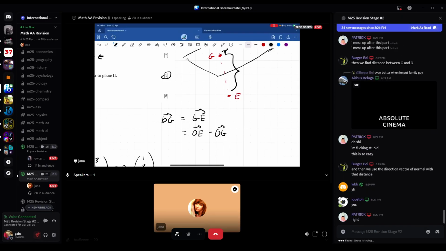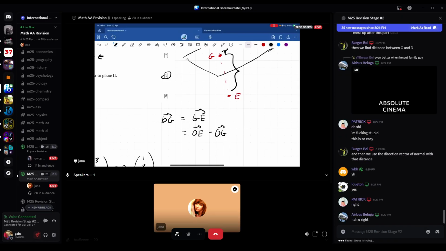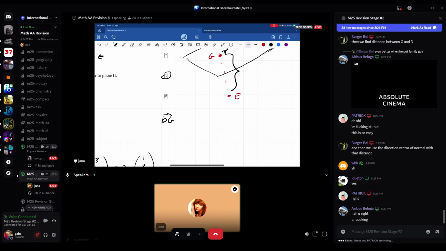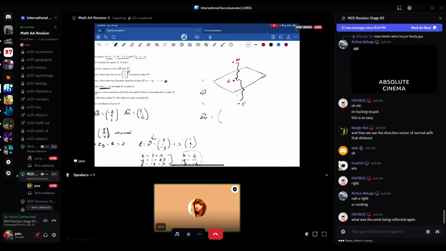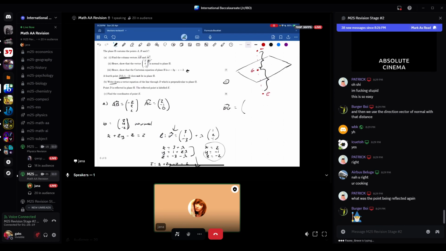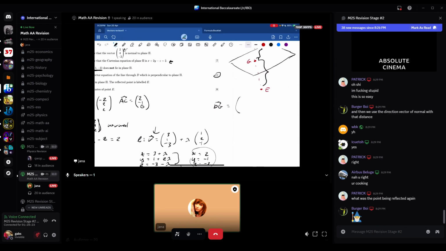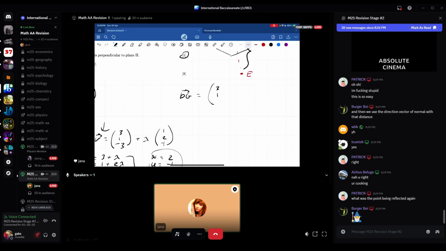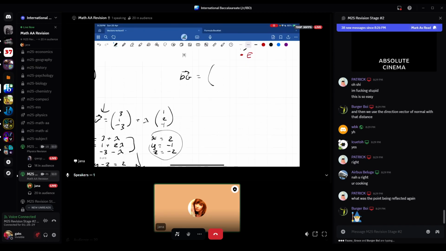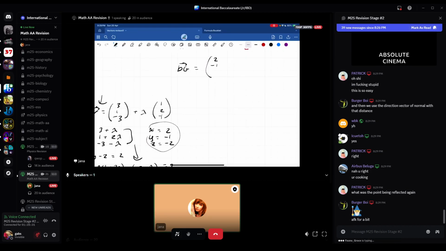Well, actually, first we have to find vector DG. Sorry, I skipped a step. We have point D and we have point G, so we can do that. What was point D, guys? 3, 1, minus 3. And G was 2, minus 1, minus 2.